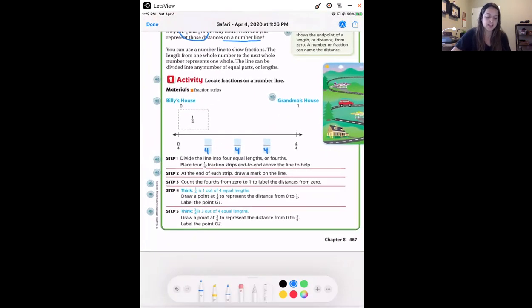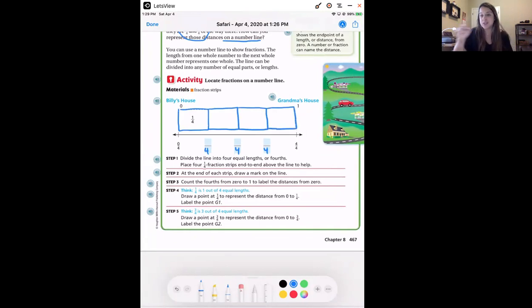Step 1, divide the line into 4 equal lengths or fourths and place 1/4 fraction strips end to end above the line to help us. Okay, so look at your number line. They did the first one for you. That is 1/4. This one is 1/4, this one is 1/4, and this one is 1/4.